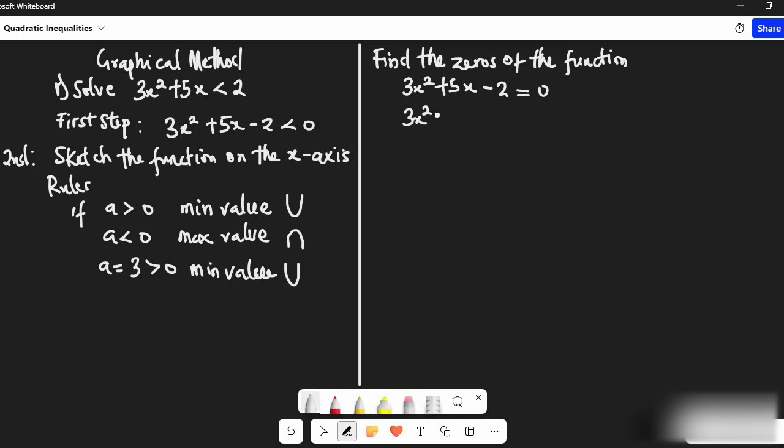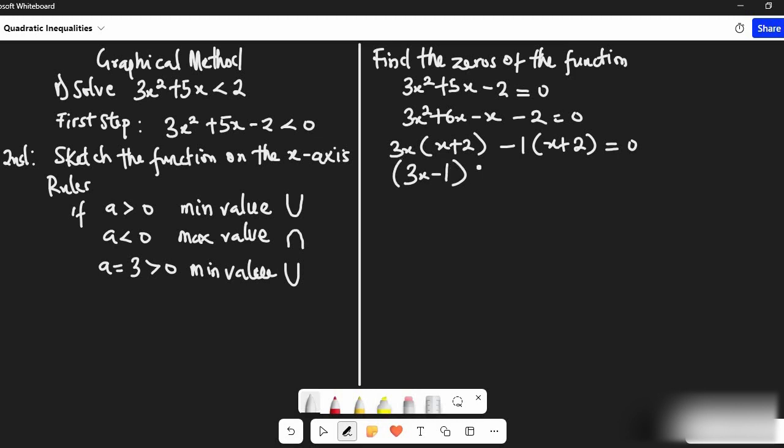Now this is 3x squared plus 6x minus x minus 2 equals 0. This is 3x expanding into x plus 2 minus 1 into x plus 2 equals 0. So we have factors as 3x minus 1 and x plus 2 equals 0.